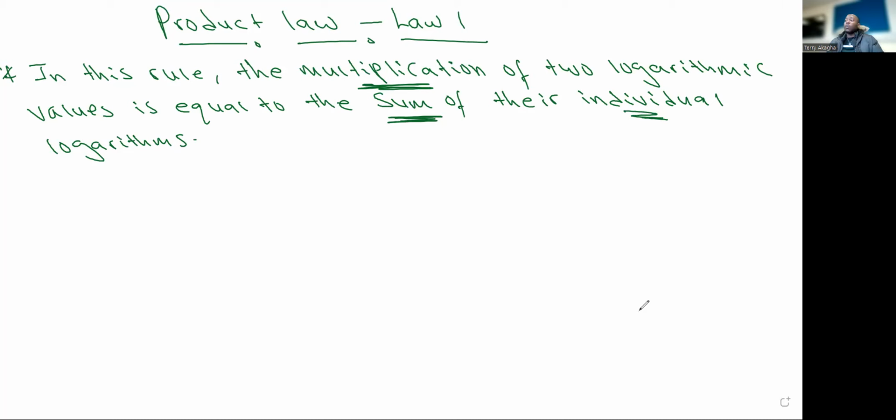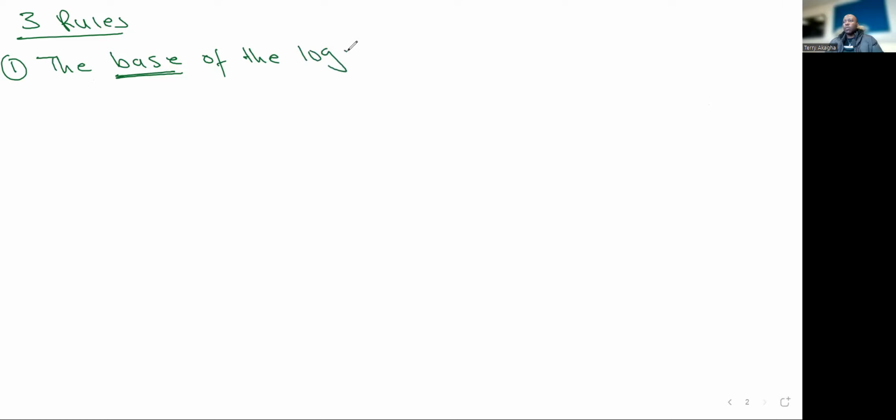All right. So I'm going to write the steps as well. The three steps or the three rules here. The first thing, before you solve, you have to ensure that the base of the logarithm, which is very important, must be the same.